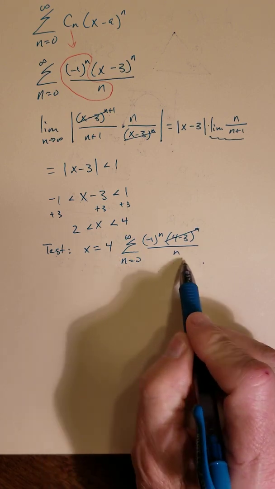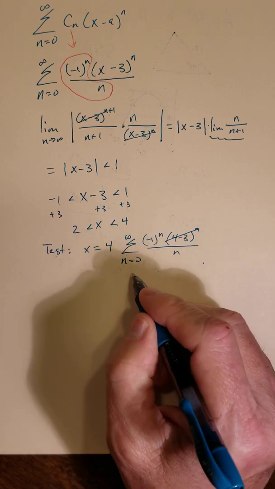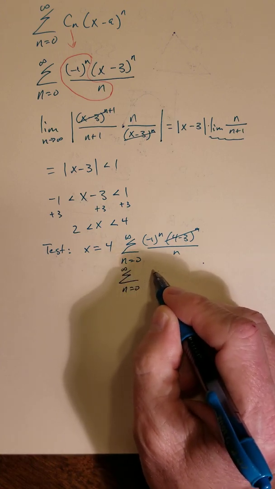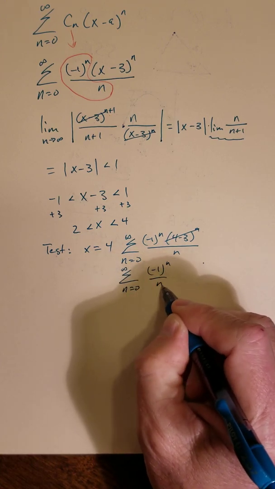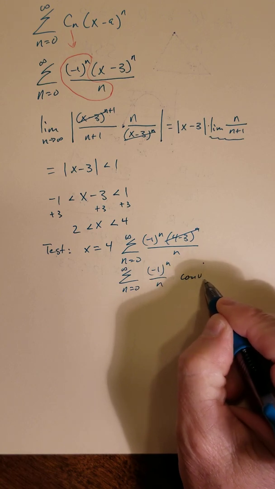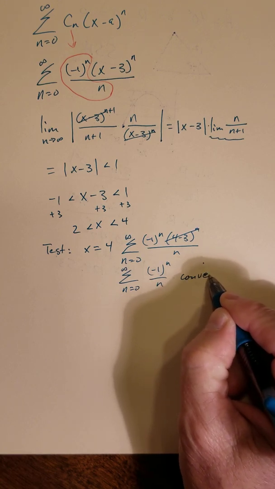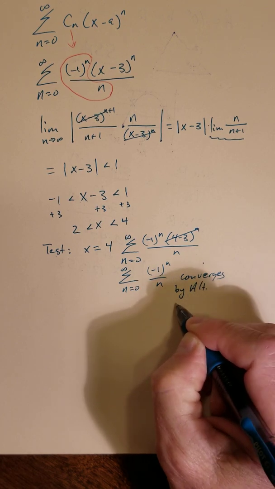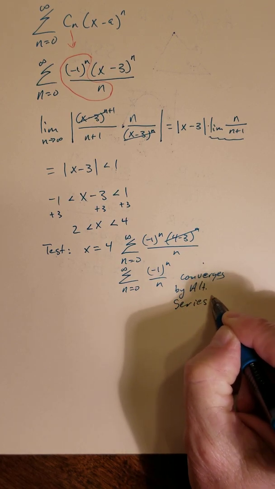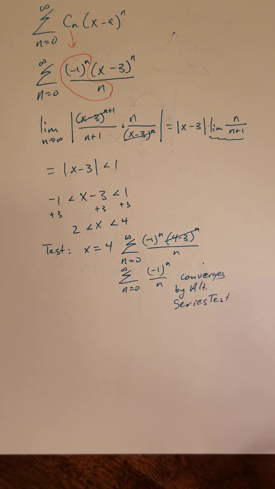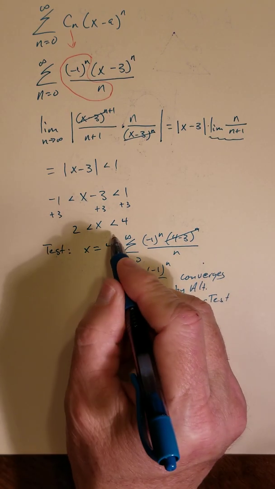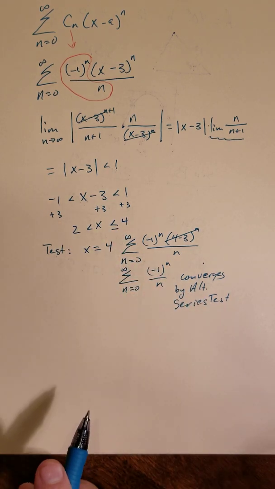And here we have this alternating series, the sum from n equals 0 to infinity of (-1)^n over n, which we know converges by the alternating series test. Okay, so we know it's going to converge at x equals 4, so we can go ahead and put this as a less than or equal to.